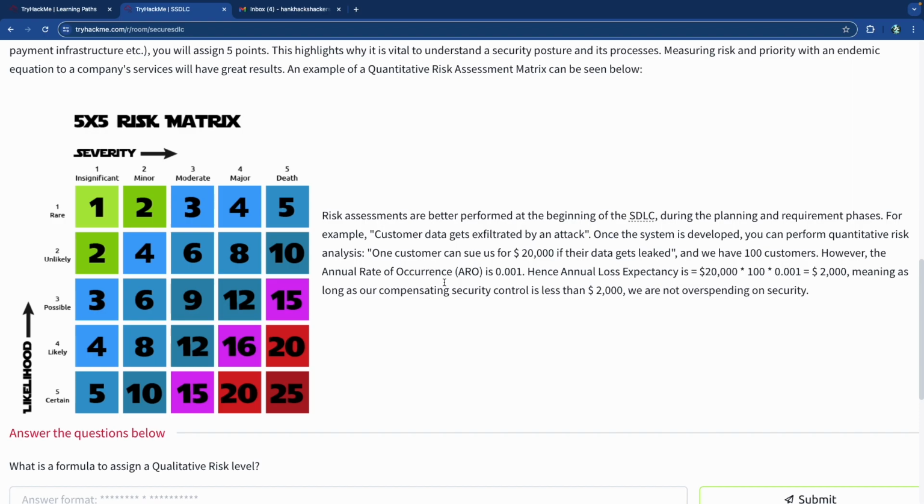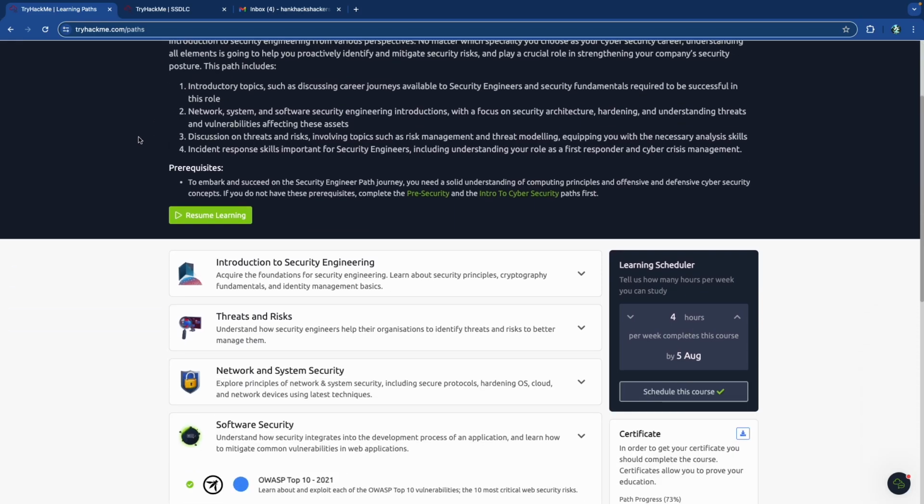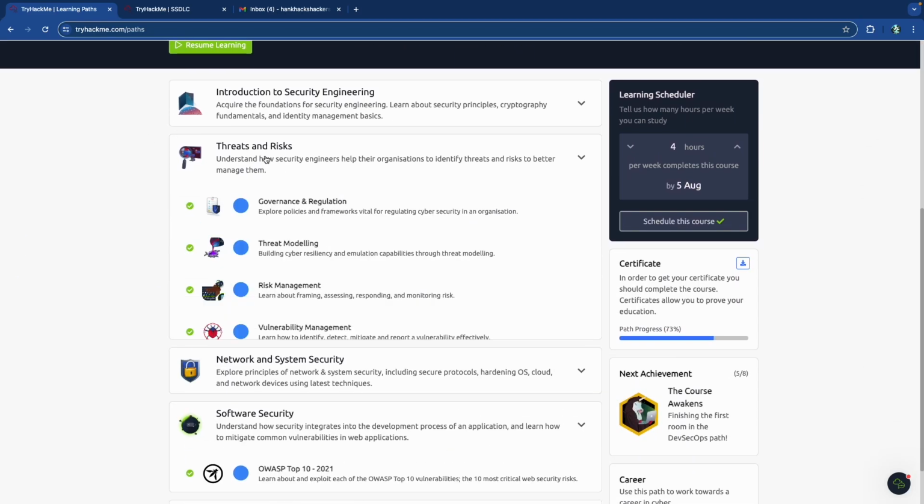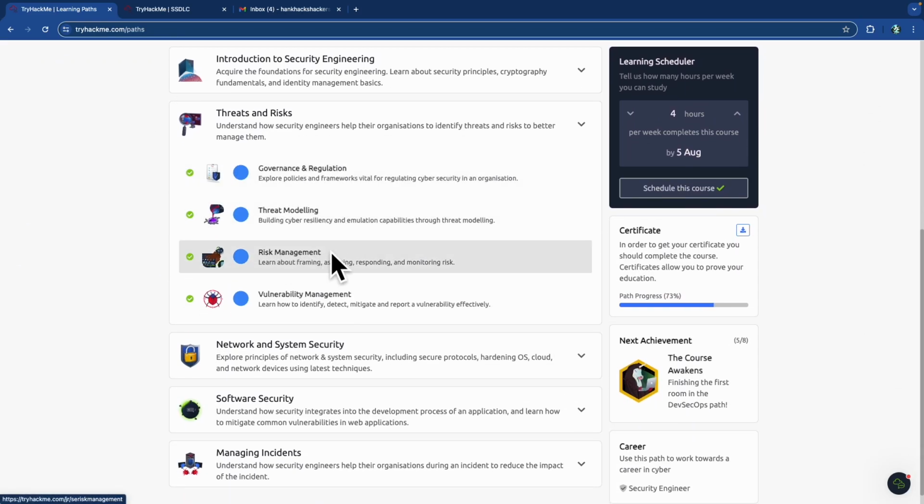And we also did a video on calculating the cost of a risk. It was actually at the beginning of our security engineer pathway. I think it was in the security risk management. That's where it was.